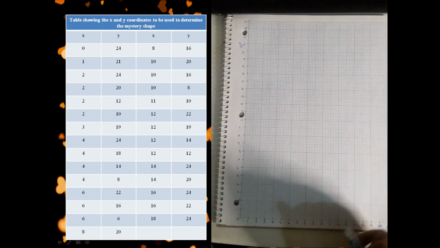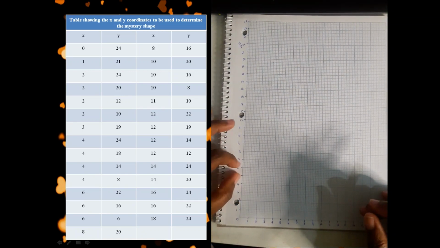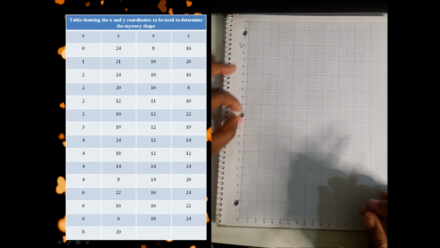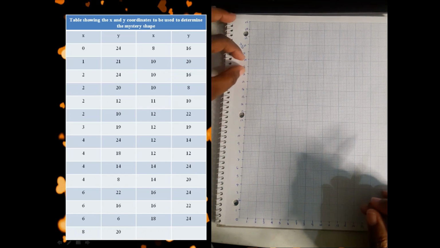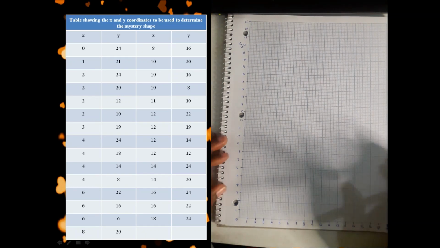I forgot that this graph has that funny lip, so that's why it's not 26. It has that extra 5 spaces up here. Everything has these 10s, and then we have this extra 5 up here, so that's why it's 25.